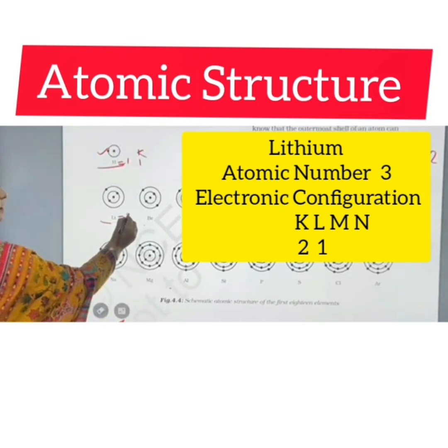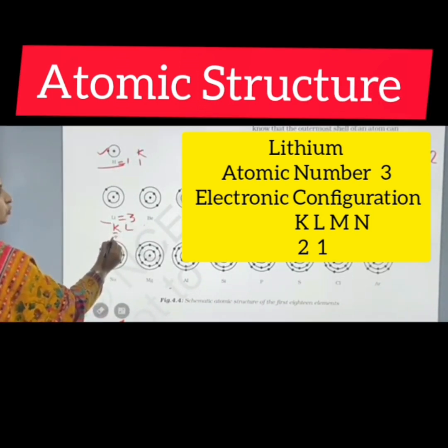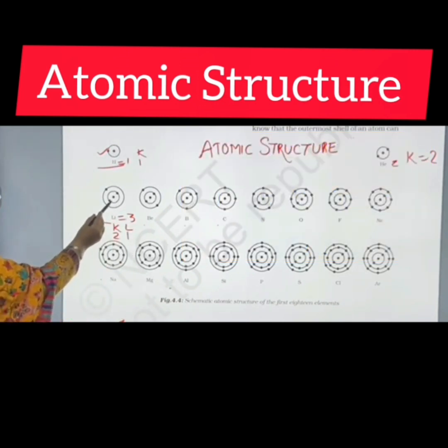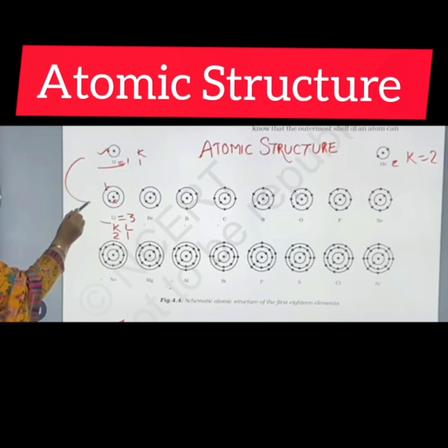So the number of electrons accommodated in the K and L shells is 2 and 1. It means that around the nucleus, the first, inner circle is known as the K shell, which has 2 electrons, and the L shell has 1 electron. So from hydrogen to helium to lithium, we have 1 more shell.